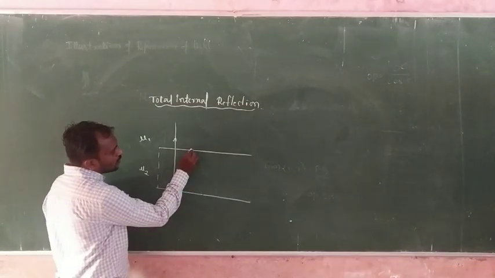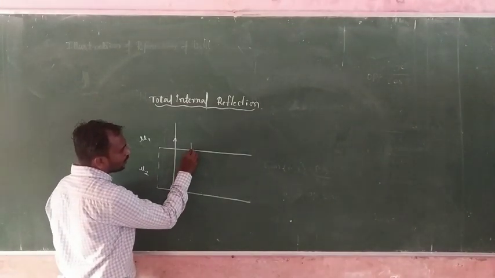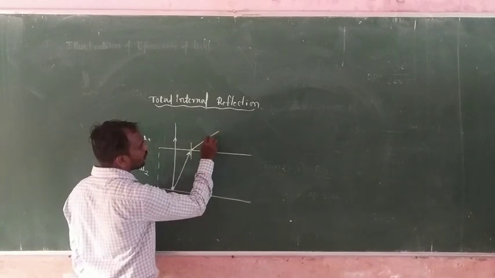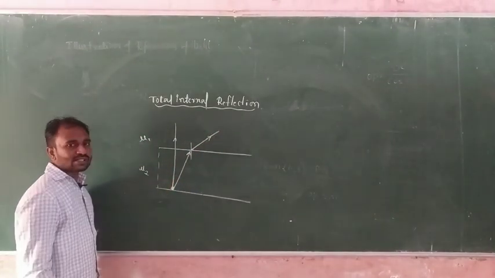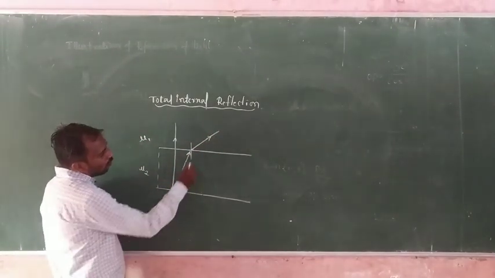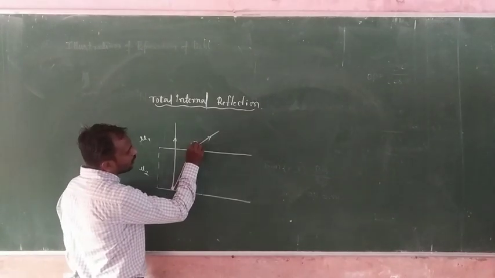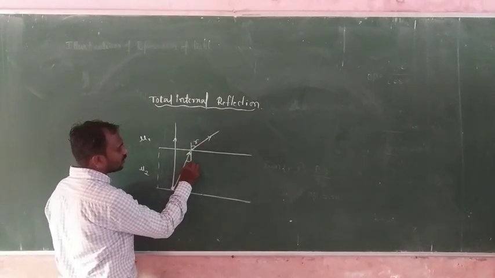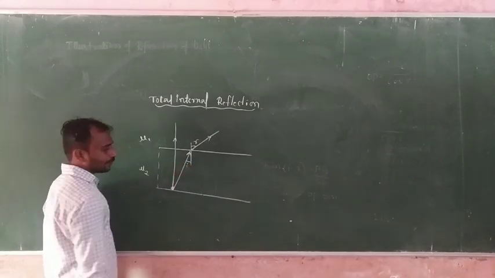Then this light ray enters the rarer medium. Here we get an angle of refraction, and this one is the angle of incidence.